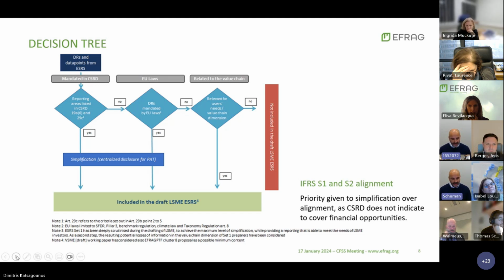The disclosure requirements mandated by EU laws, such as SFDR, Benchmark, Pillar 3, and EU taxonomy data points, and disclosures corresponding to data points in Set 1 that require coverage of the value chain dimension for the implementation of the value chain cap in the ESRS LSME. In this step, the priority has been to assess whether the data point is needed in order to meet the specific needs of users of the LSME standard.